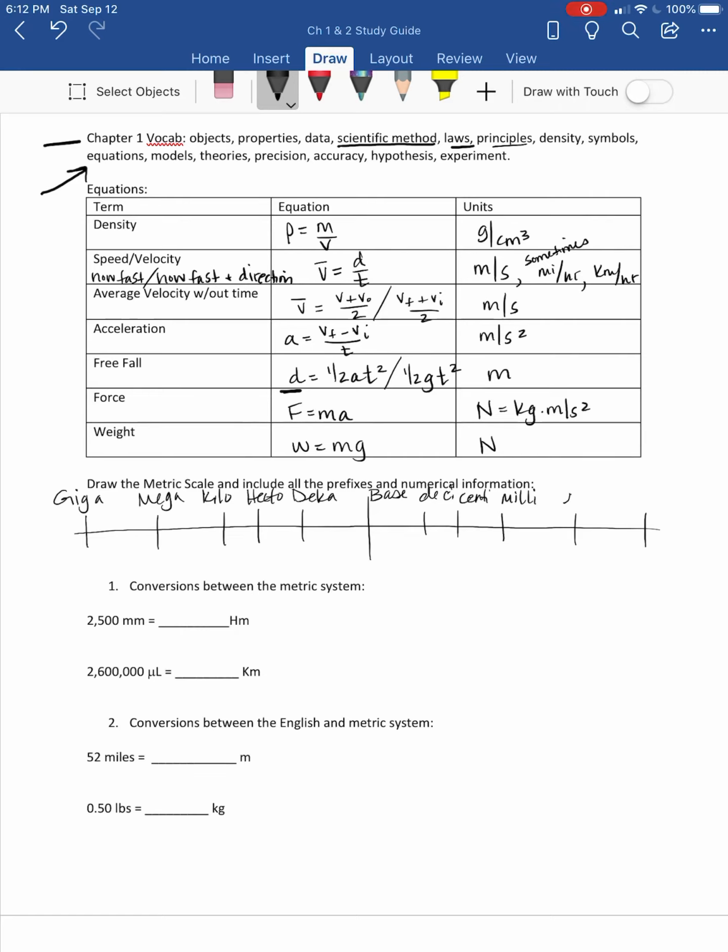And then we had micro. I was writing the symbol for it, I guess. Kind of looks like a U with a tail in front. So you need to know that's the symbol for micro. And then nano.